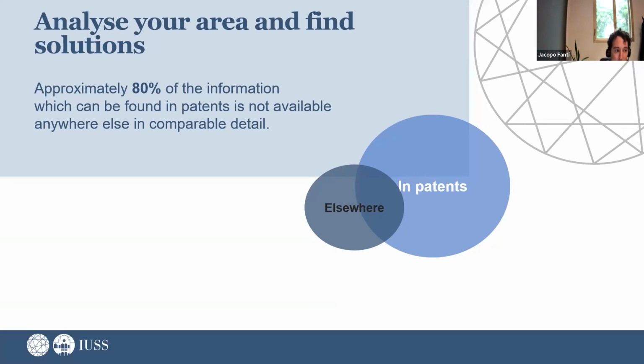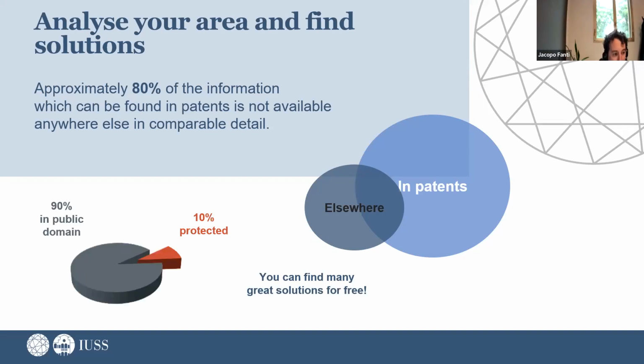So this is very important. Again, there are a number of reasons why. As you can see here in the picture, you can also find many great solutions for free.